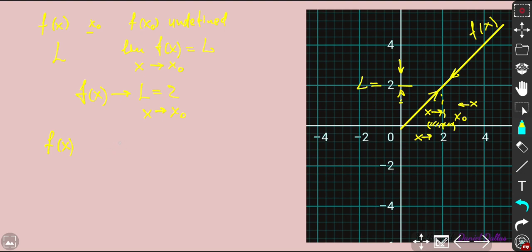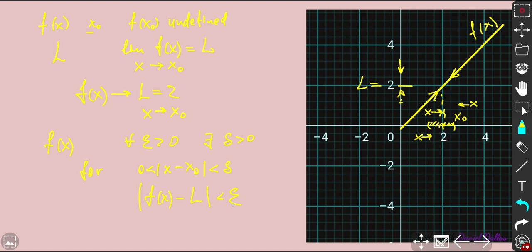If for any epsilon greater than 0, there is some number delta, positive in this case, so that for |x - x0| smaller than delta, the function value f(x) minus L is within epsilon.